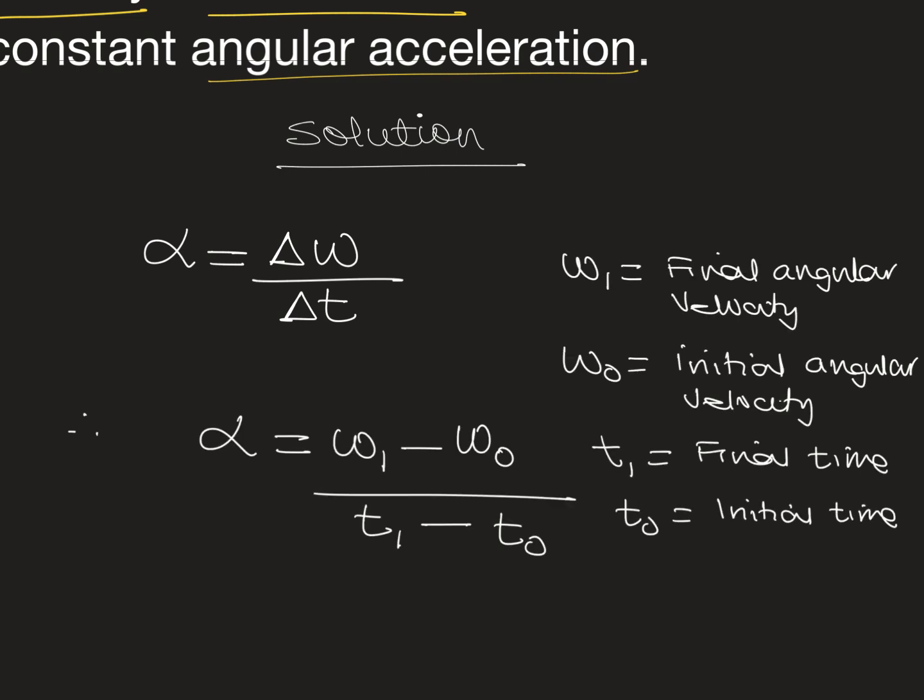That is if you are using 0 and 1. But if you are using 1 and 2, it means 2 will be the final situation, while 1 will be the initial situation. So you will not have a problem with that.